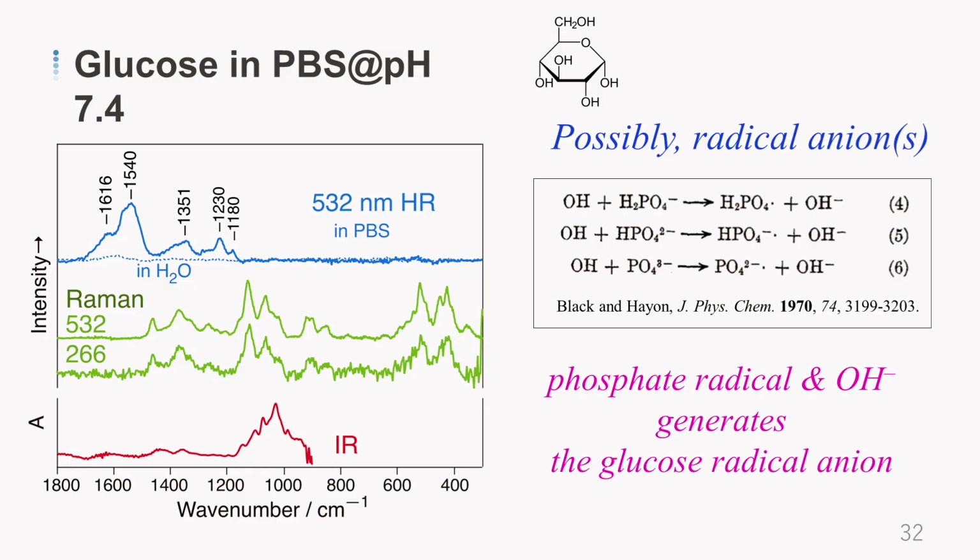And again, the glucose radical anion is selectively detected. Other peaks of glucose are not seen. In particular, in this region there is no signal, even though Raman and IR give many peaks. That is, this species is selectively detected in the hyper-Raman spectrum.